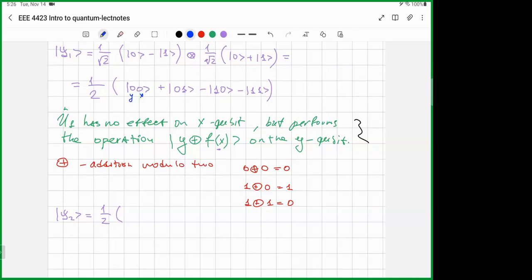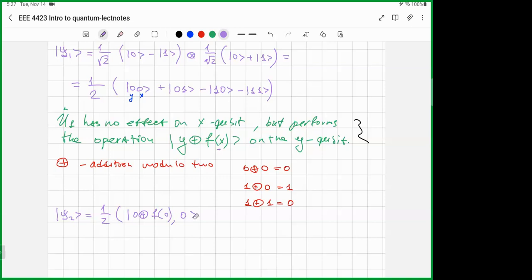Okay, so the x qubit is left unchanged, but the y qubit changed to the state 0 plus modulo 2 f(0), and the state x, which is in this case 0. Okay, so this is the state y, and by comma I separate the states of the qubits y and x. So I put comma and then the state of the x qubit.